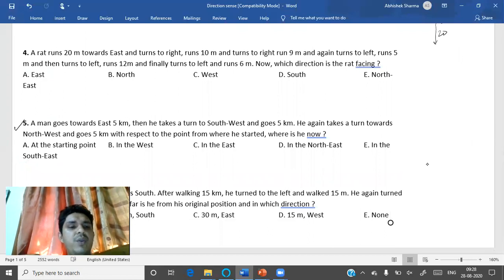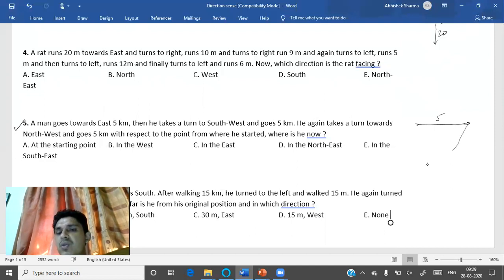Question number 5, and the question is: a man goes toward east 5 kilometer. That means if the point is this, he goes toward east and the distance is 5 kilometer. Then he takes a turn to southwest and goes 5 kilometer. That means southwest will be the direction and 5 kilometer.